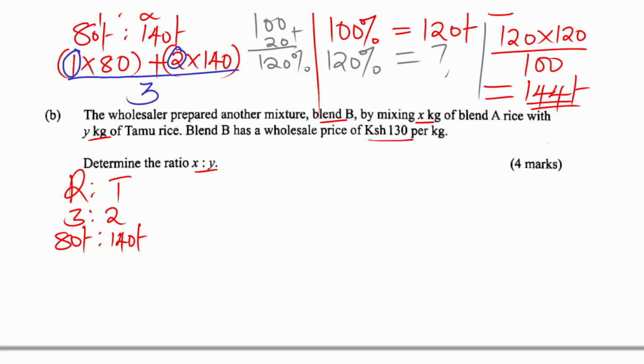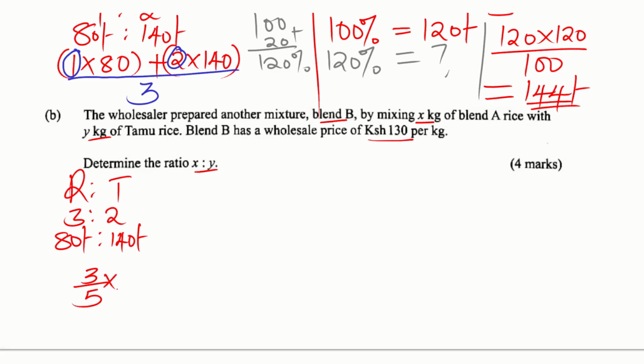We're going to take the ratio of refu. Refu is 3:5, the amount of refu in that mixture, 3:5 from this ratio. Then we're given that by mixing X kg of blend A, so we're going to multiply that by X, because we don't know how many kgs are mixed here.